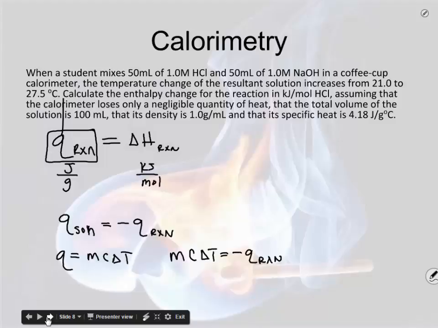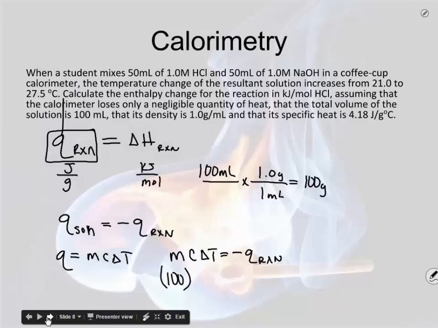So the mass, we can assume we have a total volume of 100 milliliters, and the density of that solution is 1. So if we have 100 milliliters, and we know its density is 1 gram per 1 milliliter, that means we would have 100 grams of our solution. So for M, we're going to plug in 100.